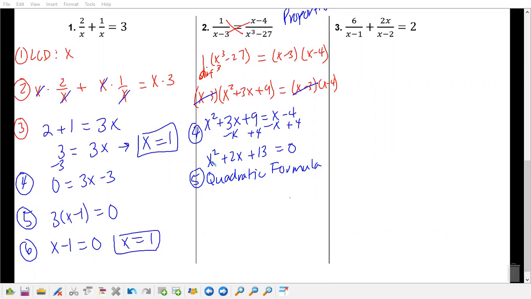So using the quadratic formula, your A is 1, your B is 2, and your C is 13. So that gives us x equals negative b plus or minus the square root of b squared minus 4ac divided by 2a.